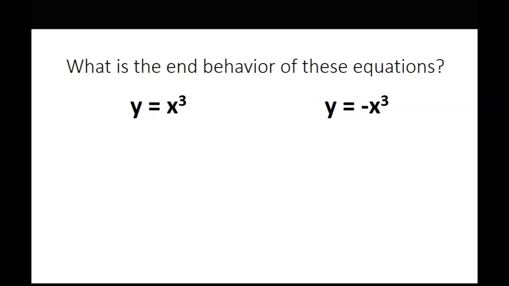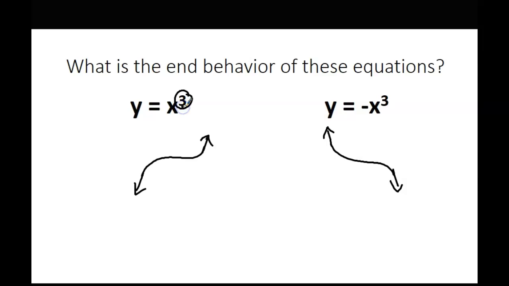Okay? When the powers are odd, the ends go in opposite directions. In this case, it went up on the right and down on the left, right? But when it was negative, the left went up, the right went down. Okay?